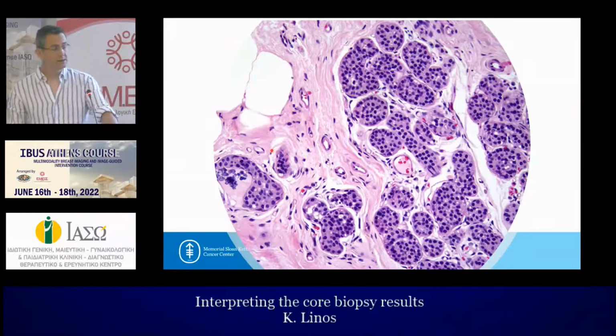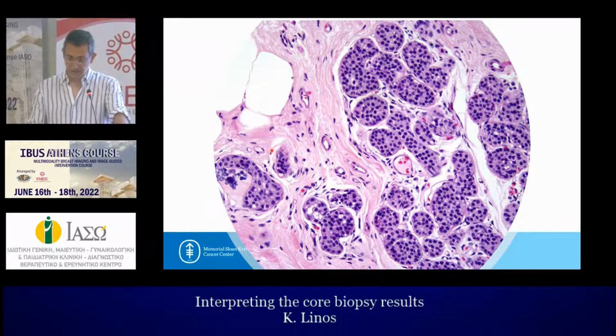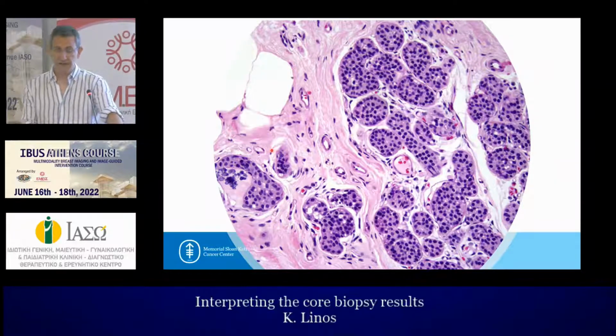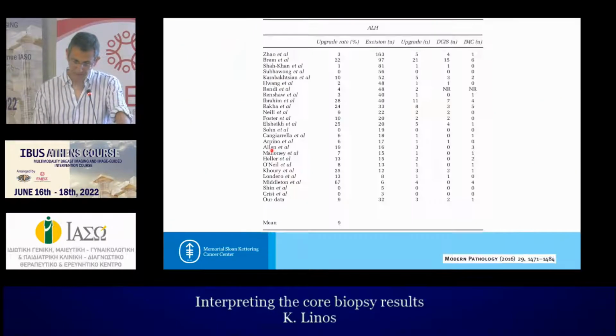And this is a classic case of LCIS. I'll show a couple of pictures, and if you do immunohistochemistry, E-cadherin is going to be negative, because these neoplastic proliferations have somatic alterations of the CDH1 gene, which is the E-cadherin gene.